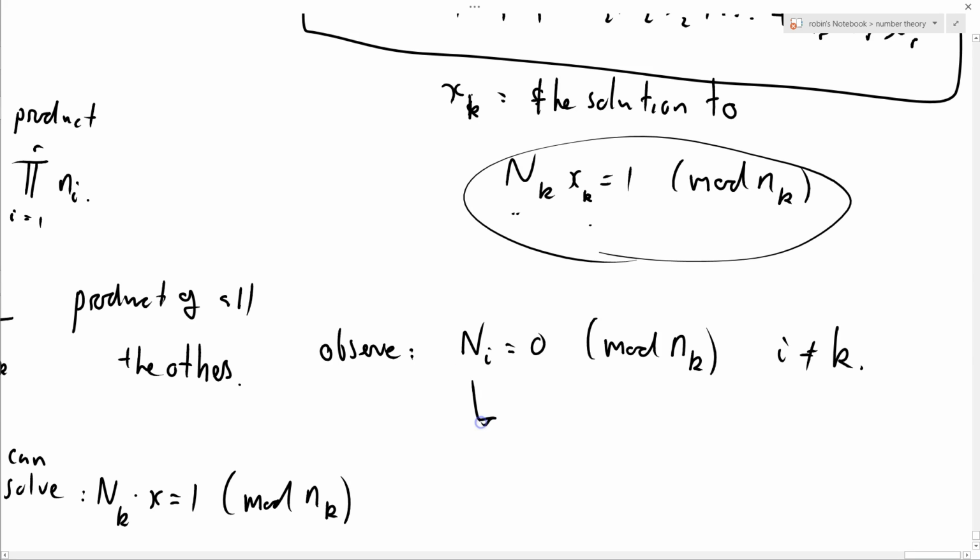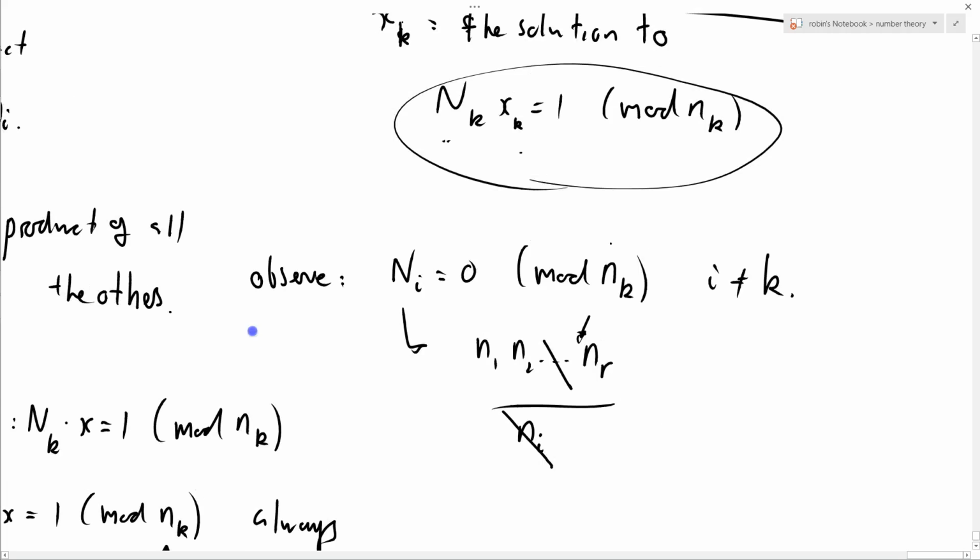Well, it's because Ni equals n1, n2 all the way up to nr over ni. So the factor ni has cancelled out from that. And so that means that modulo nk, there's an nk in here as well. So modulo nk, capital Ni is equal to 0 if i is not equal to k.